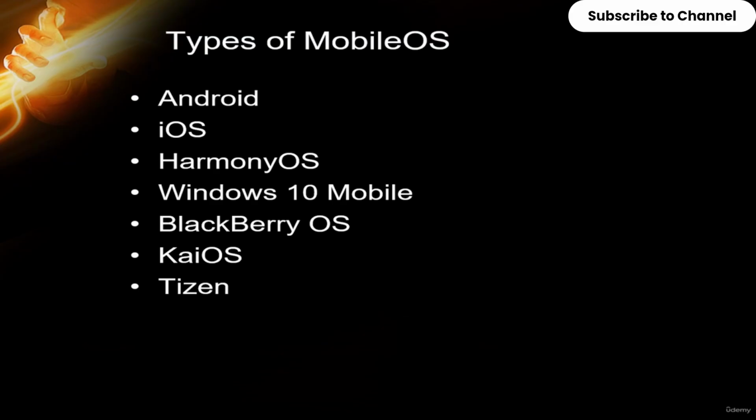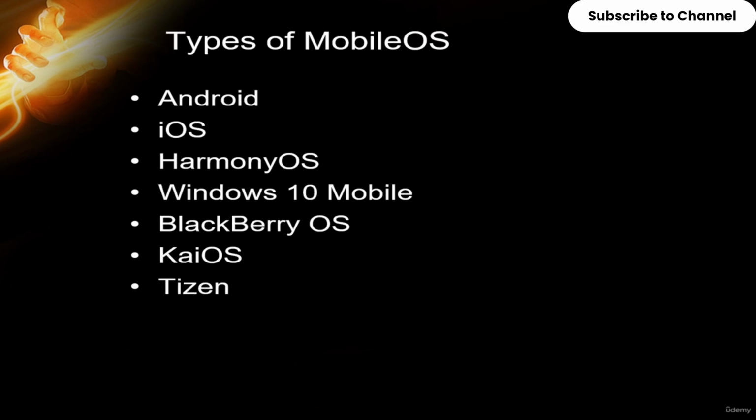Next we are going to see Windows 10 Mobile. Windows 10 Mobile provides functionality with the Windows operating system, and whatever Windows platform we are using, like customizable user experiences, everything is given by Windows 10 Mobile.